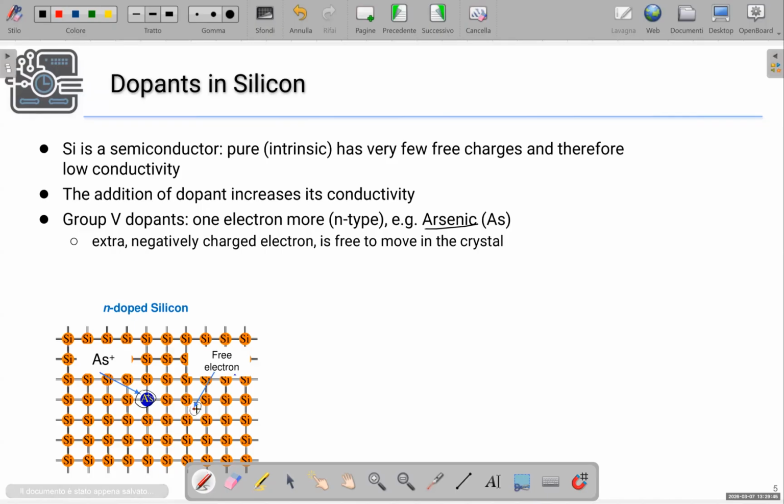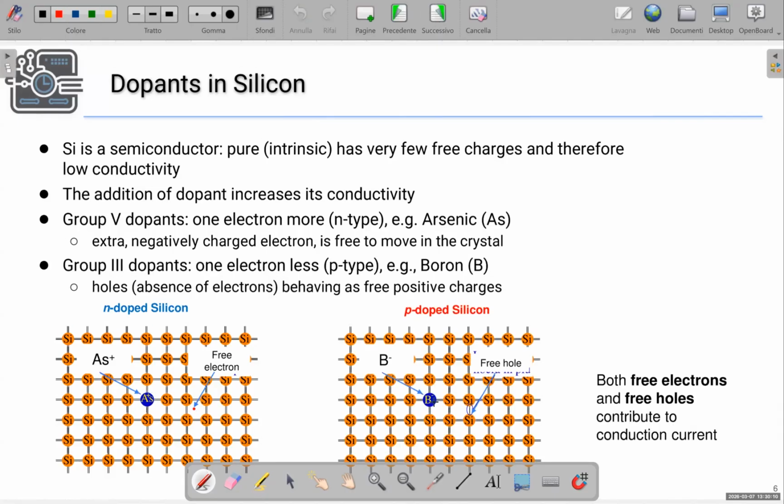By so doing, using an atom of the 5th group, we generate negative free charges, electrons, and we say that the silicon is doped with n-type doping. On the other hand, it's also possible to replace one silicon atom with an atom of an element of the 3rd group, like boron, for instance.